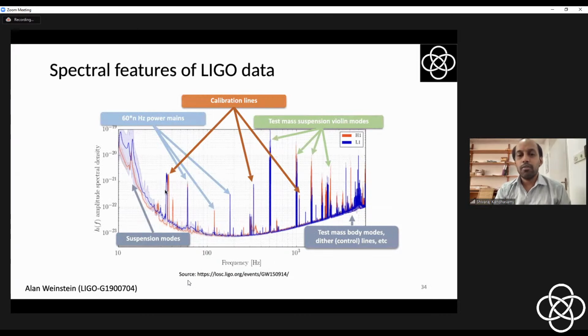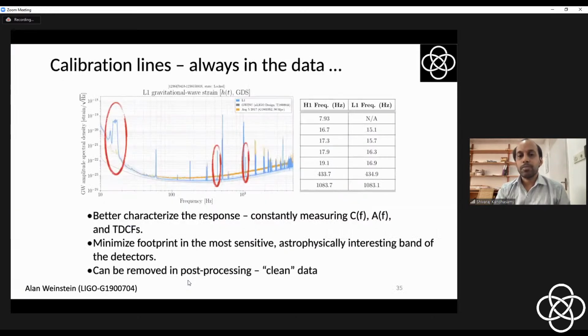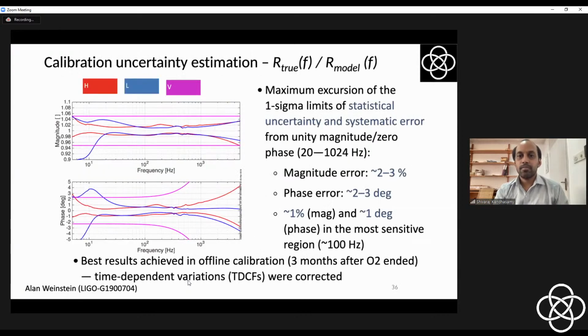That's why we have many lines in the interferometer. These are the frequencies that we used for those lines in Hanford and Livingston during the past runs, and you can always see those lines present in the data. Based on those measurements, you can calculate the calibration of the instrument at one time and also how it varies over time.